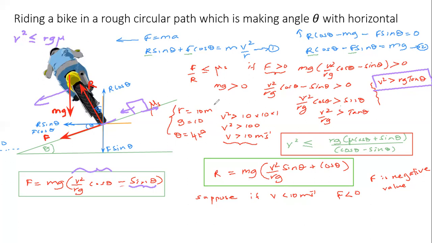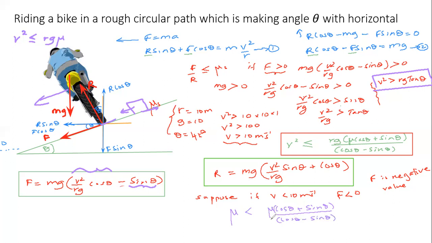Okay, sir, inshallah. One last thing, because I can't write all these things again. Just take a minute. So here mu is smaller than mu cos theta plus sin theta, divided by, so here put a bracket, cos theta minus sin theta.